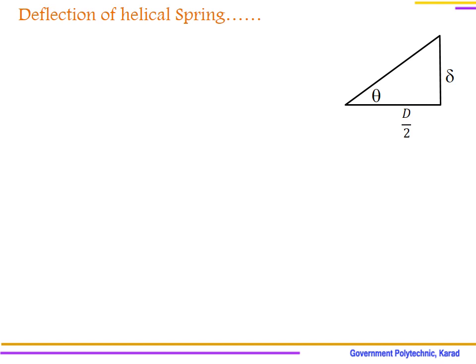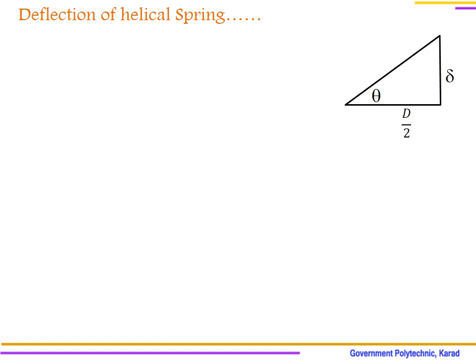So when force is acting on a spring, angular deflection theta occurs, and as the turn moves, its movement due to force is delta. Theta is the angular displacement and delta is the axial displacement.